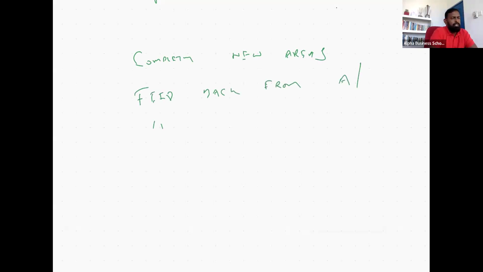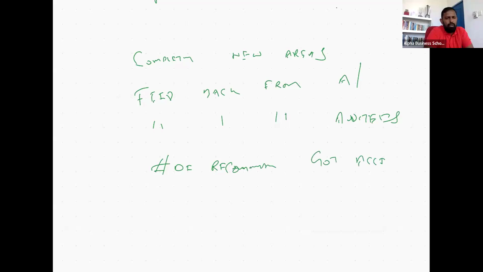I would accept Guy's first one, the number of audits, number of recommendations. Got accepted. Not the implementation part, which I can agree, because that's not in our control. Okay, so let's move on.